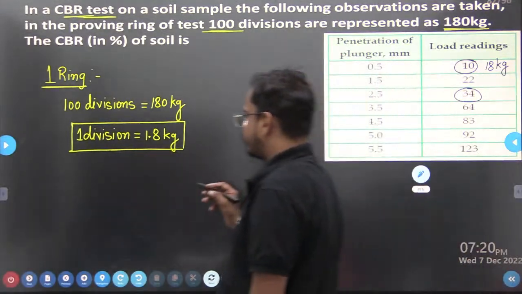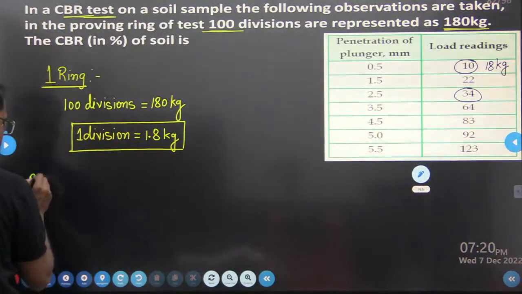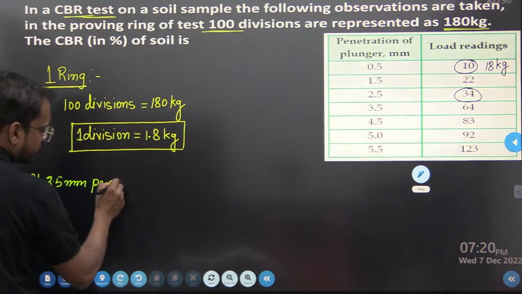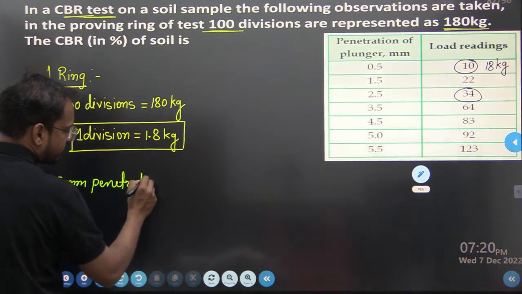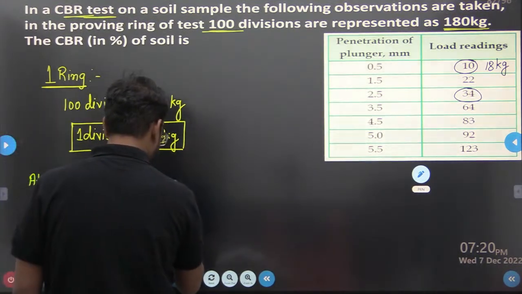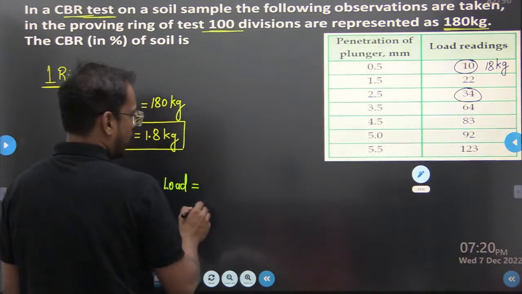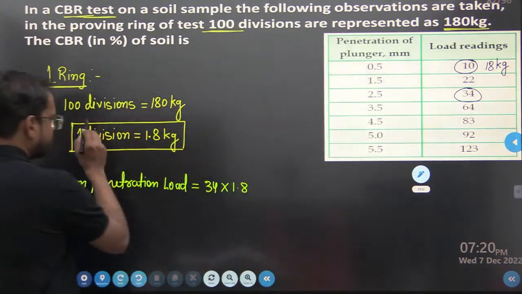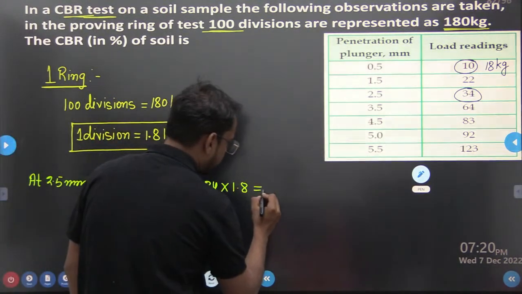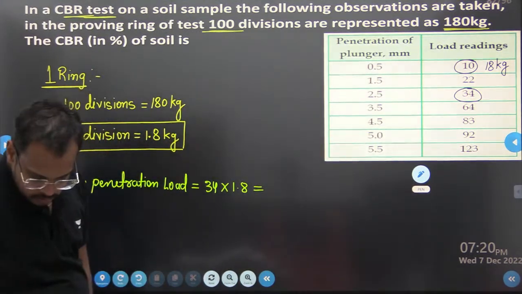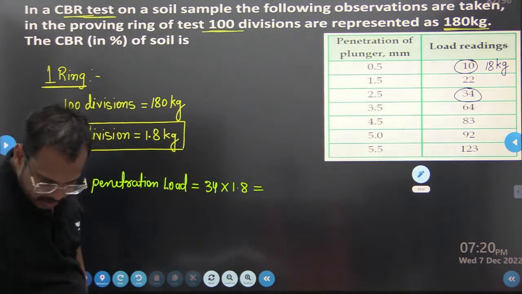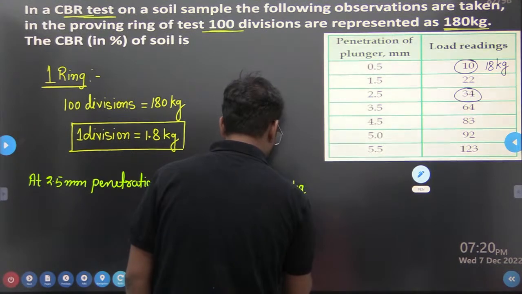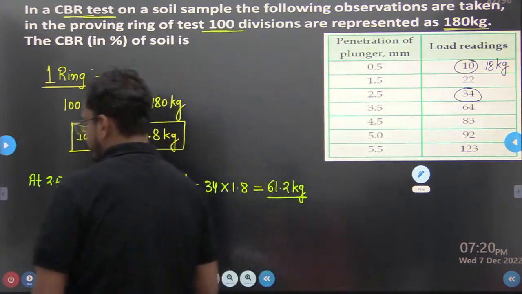So my dear friend, we write like this: at 2.5 mm penetration, load is equal to how many divisions? 34 divisions, multiplied by 1.8, because one division is equal to 1.8 kg. Then 34 multiplied by 1.8 is equal to 61.2 kilogram.